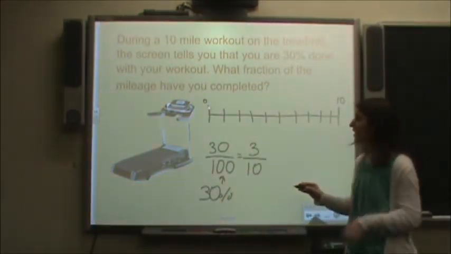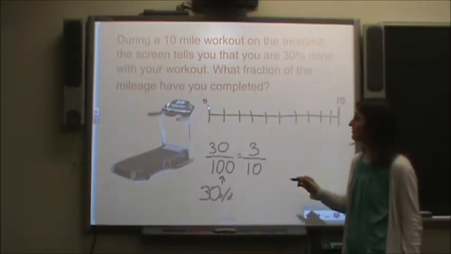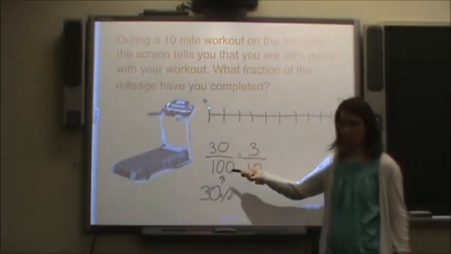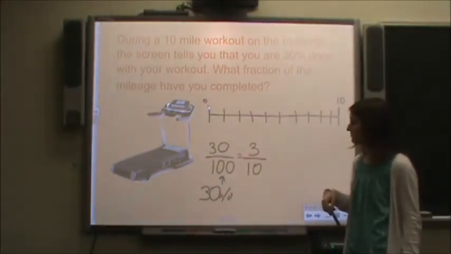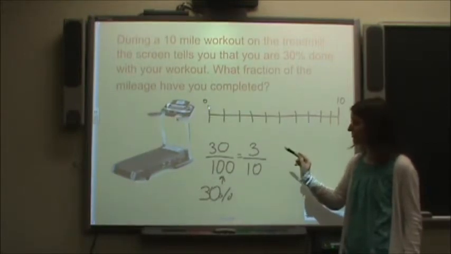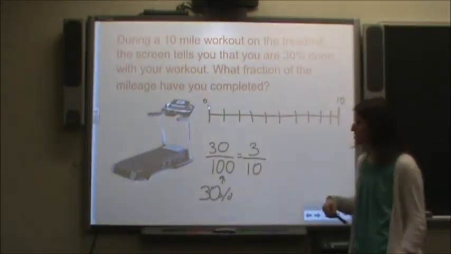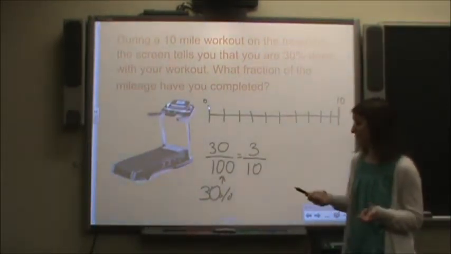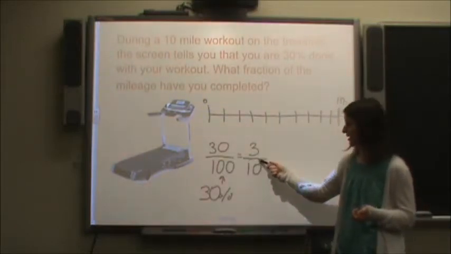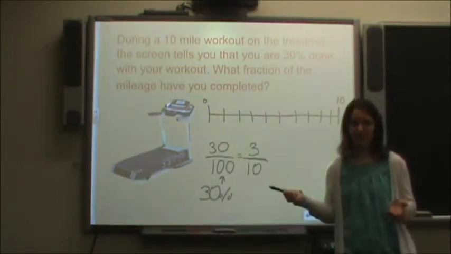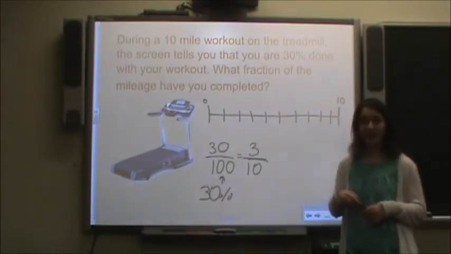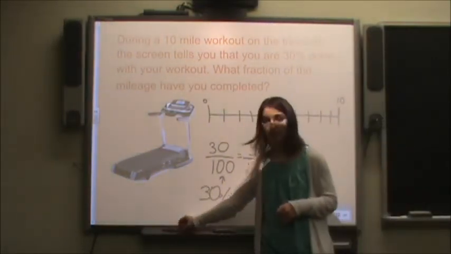Now, in order to find what fraction I've completed, well, 30 over 100 works, or I can find the equivalent fraction of 3/10. So that also tells me how many miles I've finished, because this says 3 out of 10. Well, I'm doing 10 miles, so that means I've done 3 out of 10 miles at 30% of the way through the run.